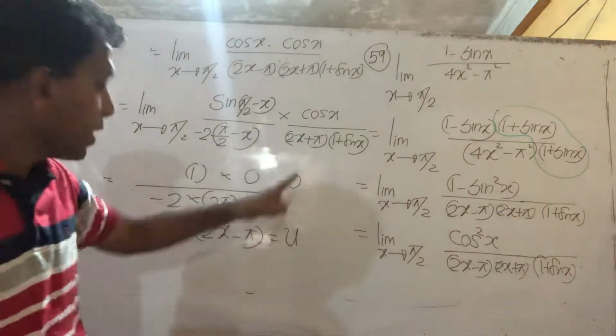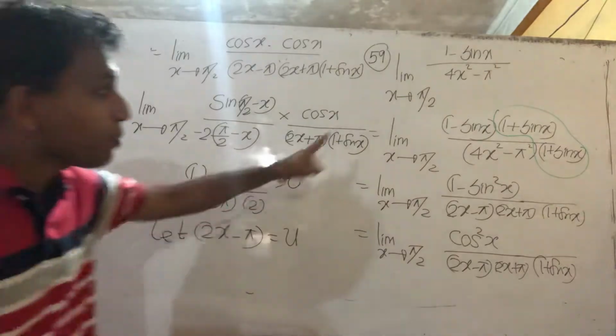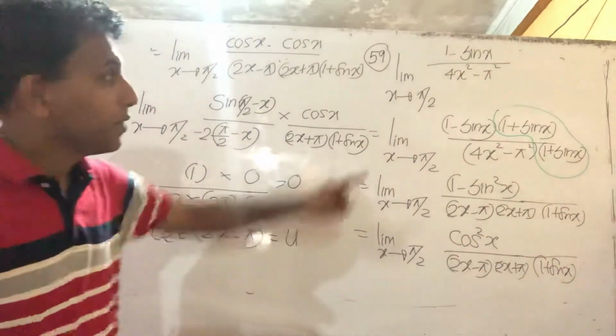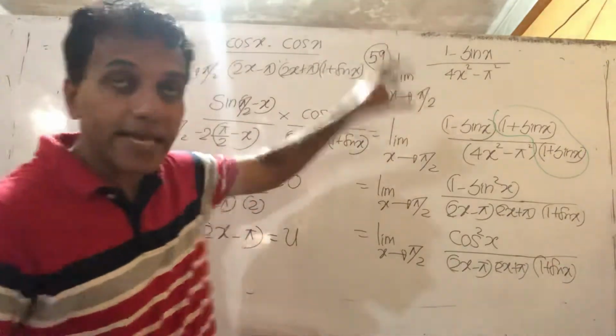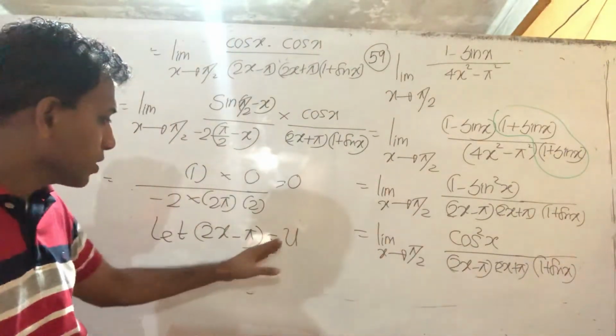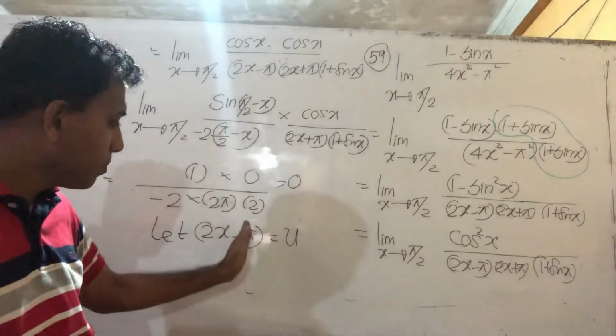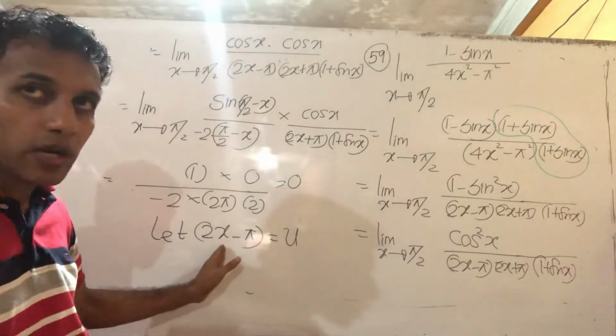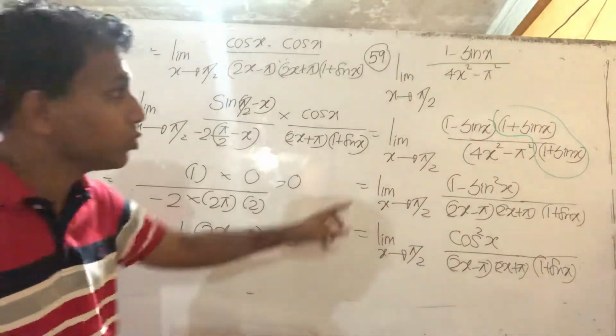So when x is pi by 2, u is 0, okay? Next one, 1 minus sine x. What is x here? We can say x equals pi plus u divided by 2, that is pi by 2 plus u by 2.